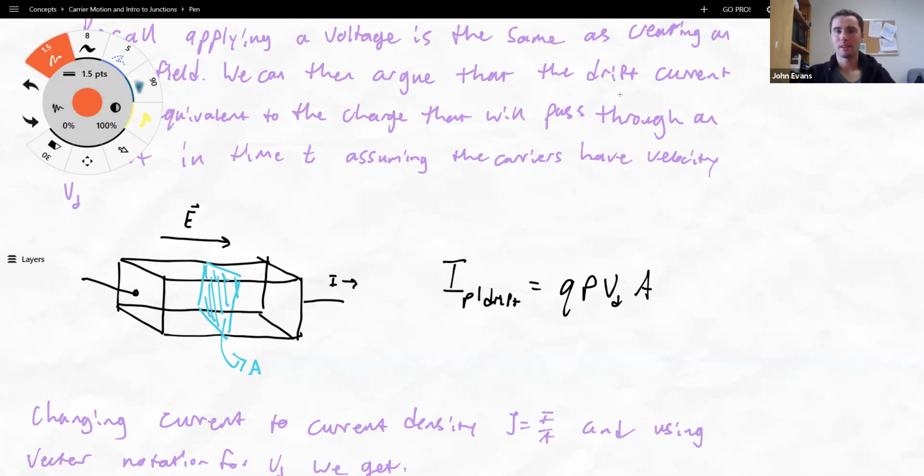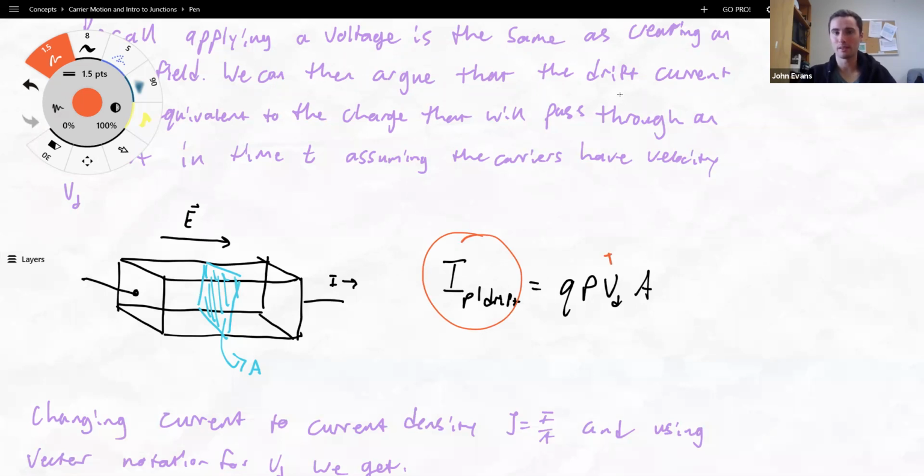In this case, we're doing conventional current, so we're going to look at the concentration of holes. If you wanted to do electrical current, you're going to flip that. You're going to make this a minus, and you're going to make that N. Times the speed at which they go and the area, right? So we want to say how much charge per second.